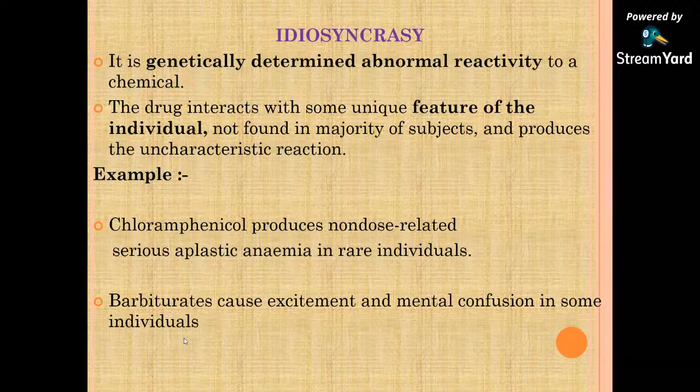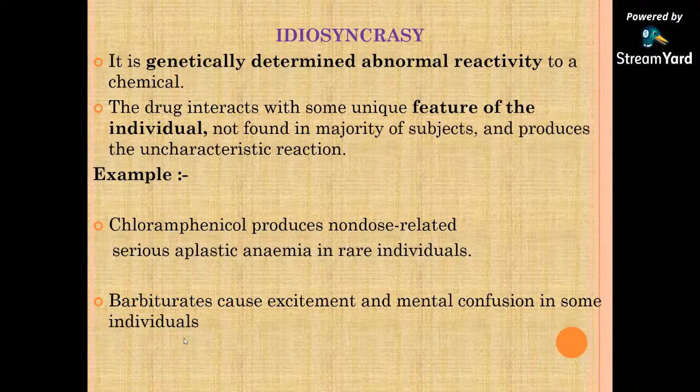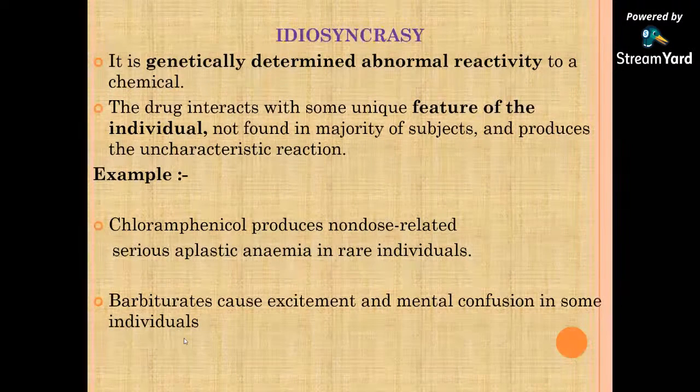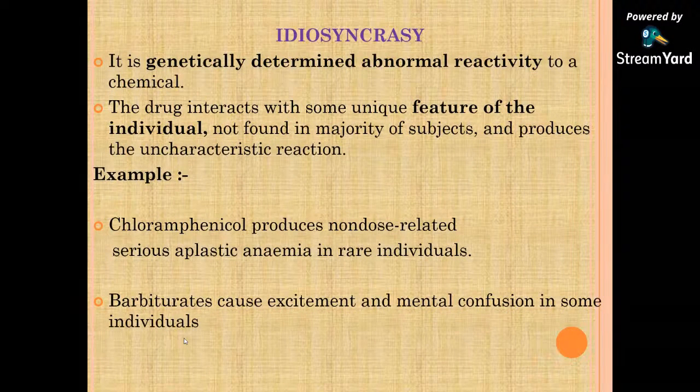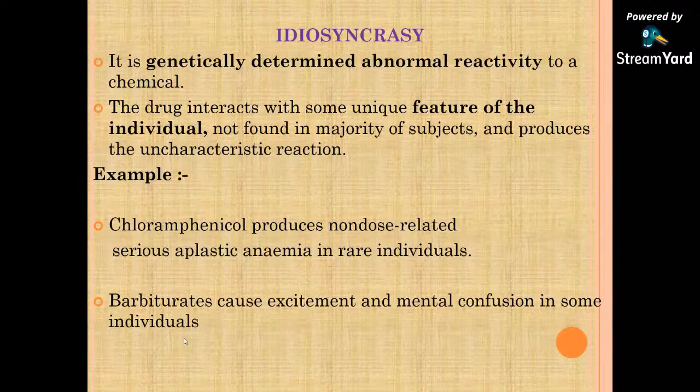So when you are using particular chemicals, whatever abnormal reaction occurs in some cases is nothing but the idiosyncratic effect of that chemical. The drug interacts with some unique features of the individual not found in the majority of subjects and produces an uncharacteristic type of reaction, and that uncharacteristic reaction is nothing but the idiosyncratic reaction.